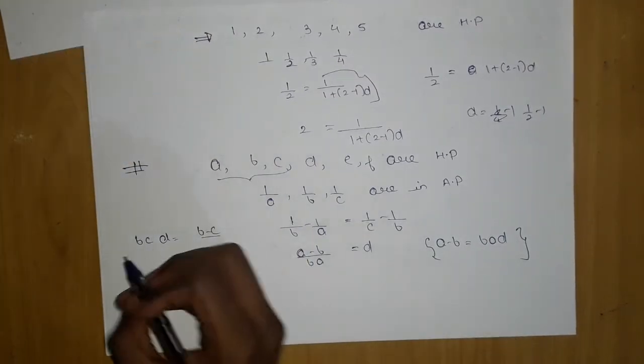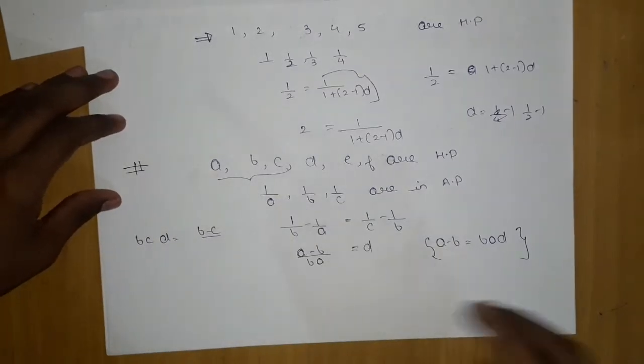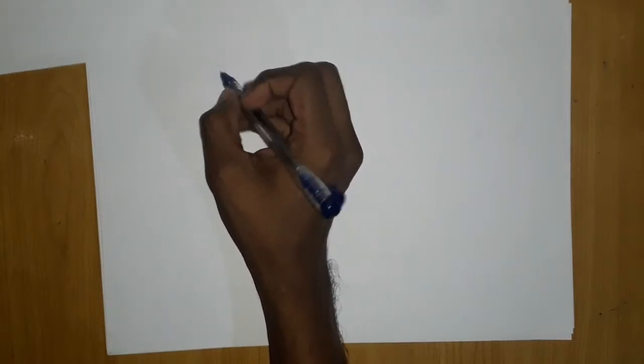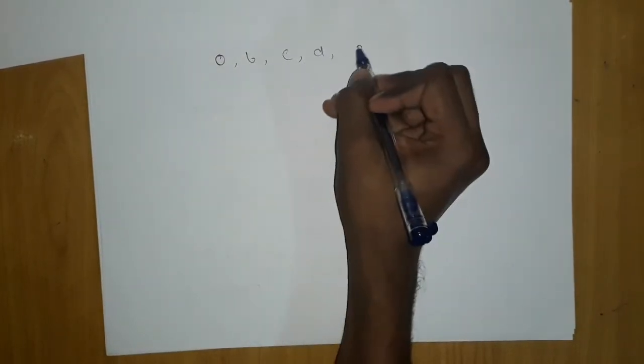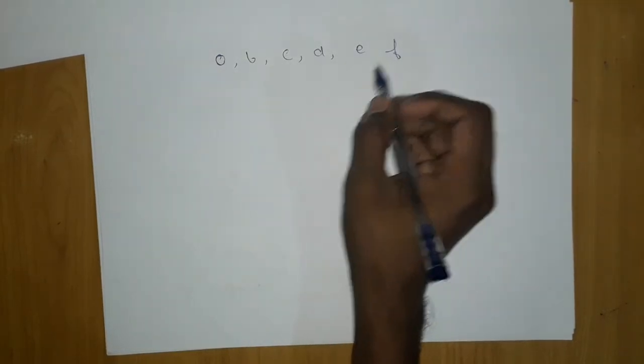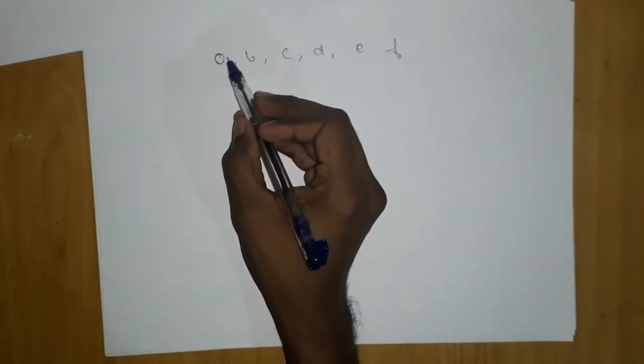Okay, now one more thing, this is the first thing. Now let's understand the second thing. If I have taken the series A B C D E F, and I take this term and this term and want to find the difference between them, at what position these terms come matters.